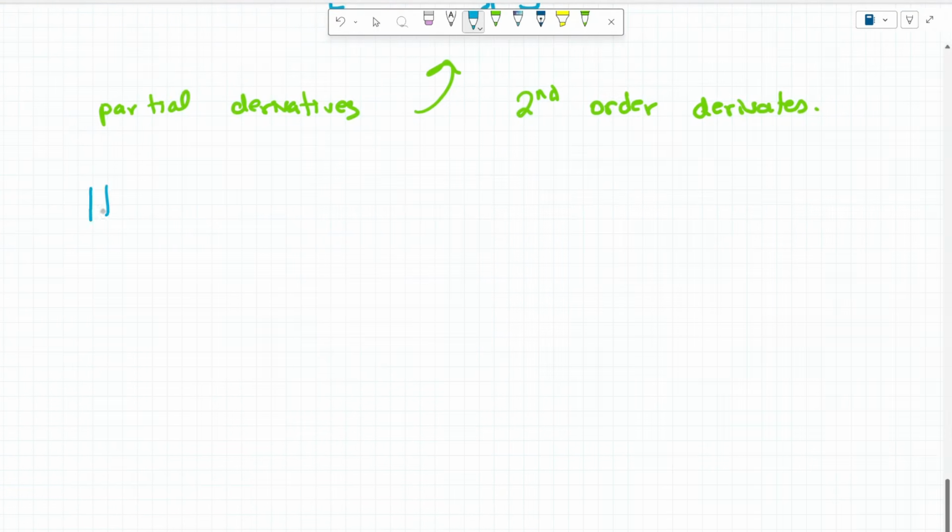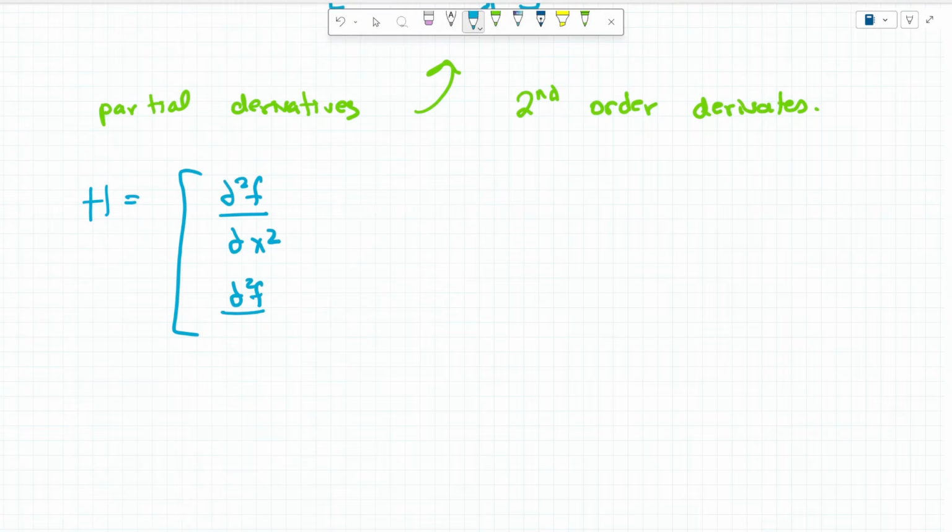So our Hessian matrix here is going to be our second derivative of f with respect to x squared, and then the second derivative of f with respect to x, and then with respect to y.